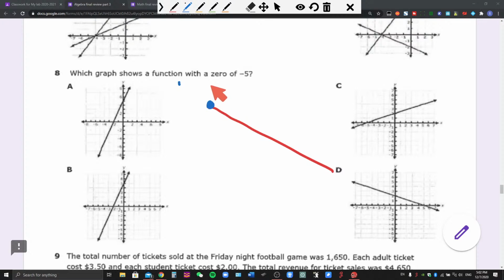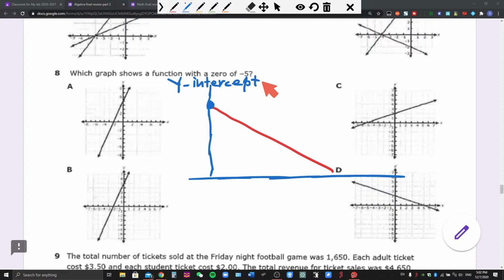That's the Y-intercept, or B, or initial value.